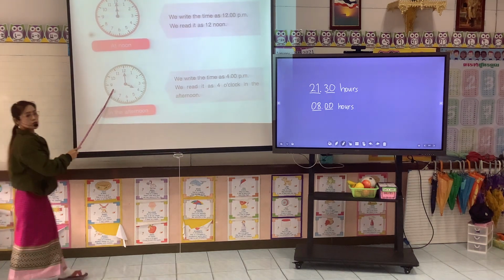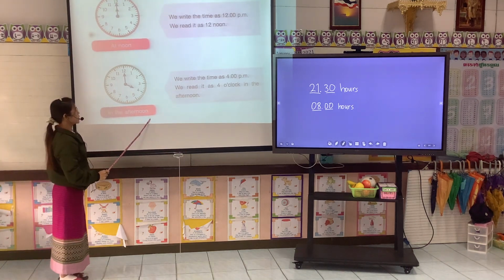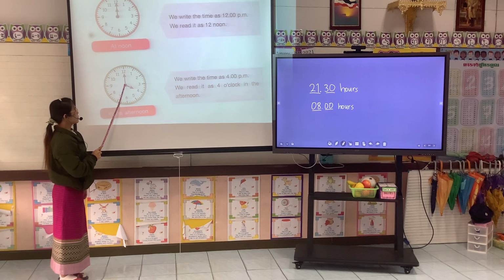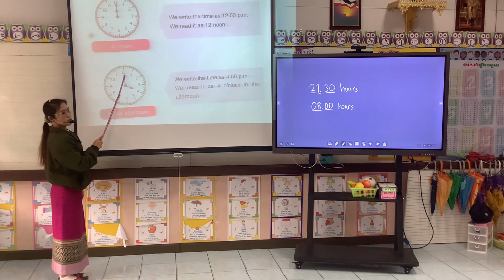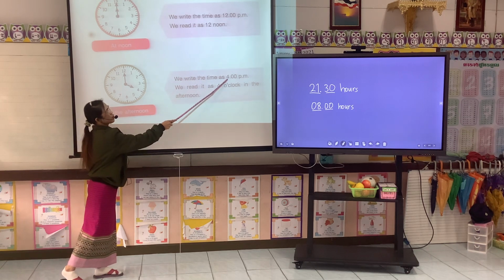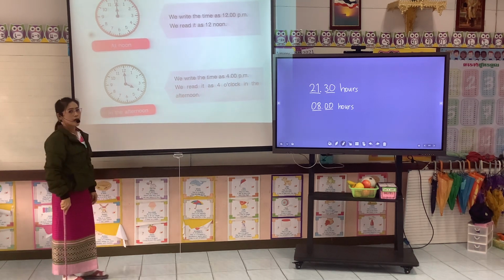The next clock shows in the afternoon. Okay? So the hour hand is pointing at 4 and the minute hand is pointing at 12. We write the time as 4 p.m. Alright?